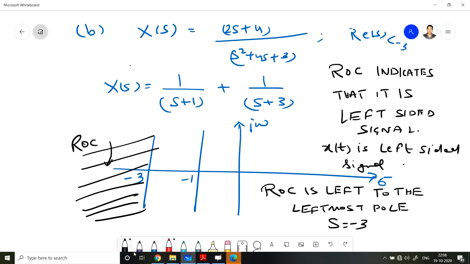So what is x(t)? x(t) is written as minus e raised to the power minus t into u of minus t, minus e raised to the power minus 3t into u of minus t. So this is our solution.